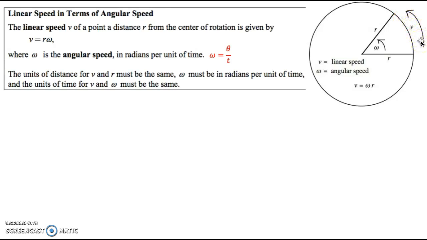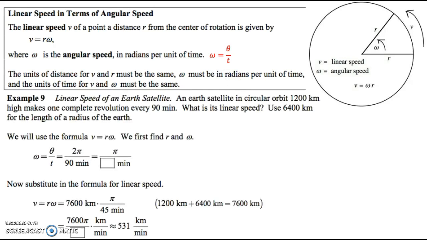And angular speed is given in radians per unit of time. So I added a little ditty here that the angular speed is equal to theta over time. The units of distance for the linear speed and for the radius must be the same. And w, our angular speed, must be in radians per unit of time, whatever that unit of time might be.